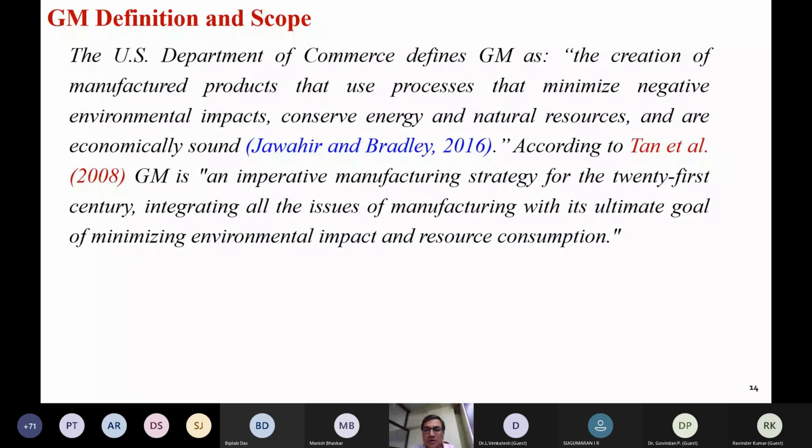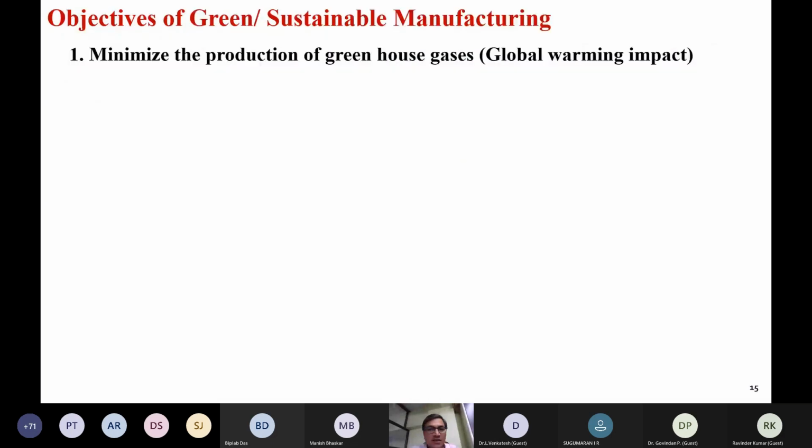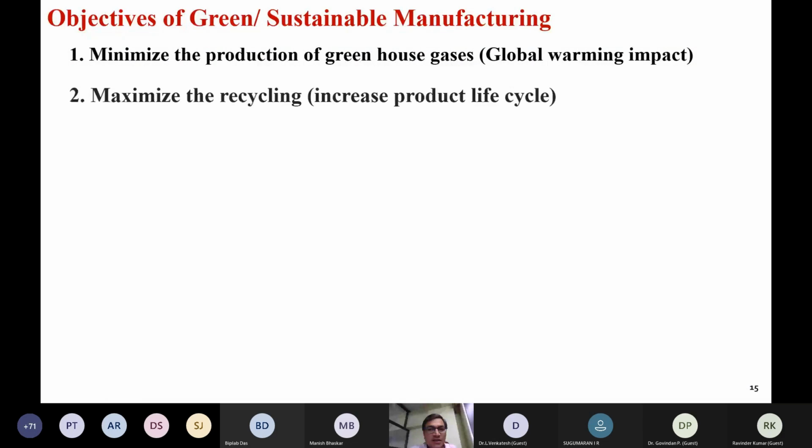Then what are the objectives of green manufacturing? Minimize the production of greenhouse gases. This is one of the objectives. Maximize the recycling. We should think about how we can recycle. The company can think about how the product should be designed so that maximum recyclability can be achieved.